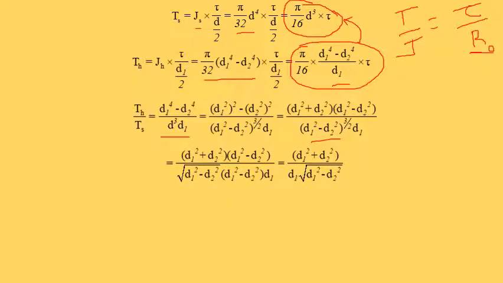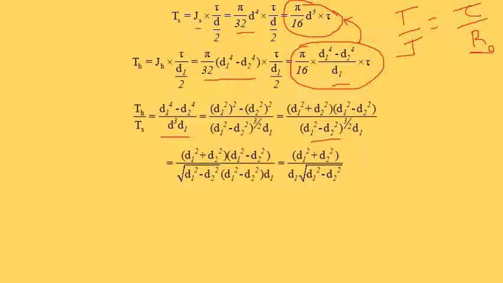So next one. In the denominator, this is (d1² − d2²) to the power of 3 by 2. Here we have 1 by 2 into 3, so this can be written as the square root of (d1² − d2²) into the same term (d1² − d2²), which gives the square root of (d1² − d2²) whole to the power of 3 by 2.